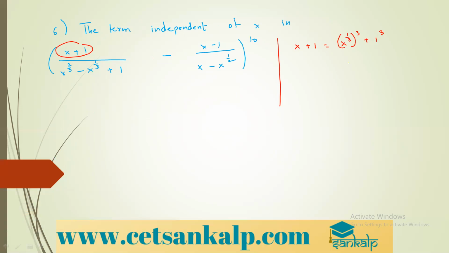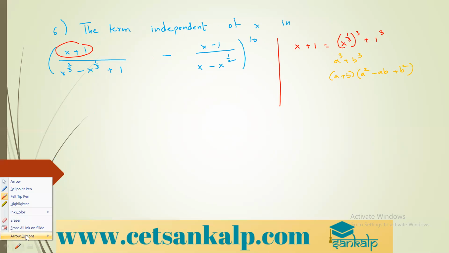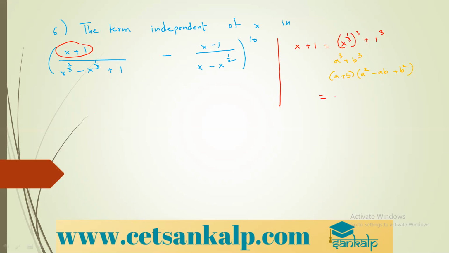What is the a cube plus b cube formula? a cube plus b cube is (a plus b) into (a square minus ab plus b square). This is the formula I am going to use. So I will write a plus b: x power 1/3 plus 1, a square: x power 2/3, minus ab: x power 1/3, plus b square: 1.